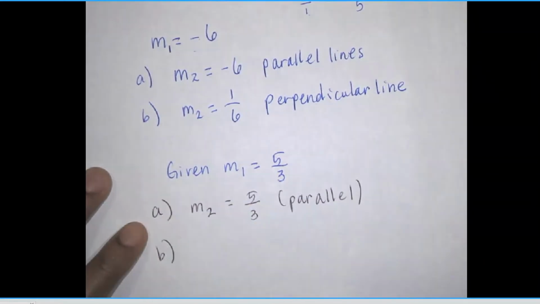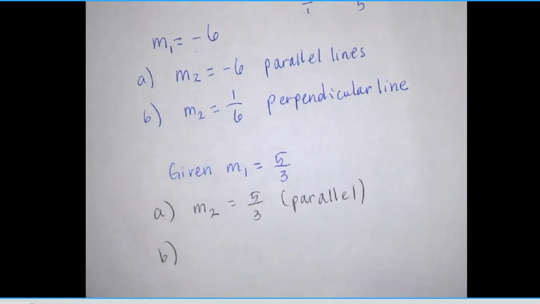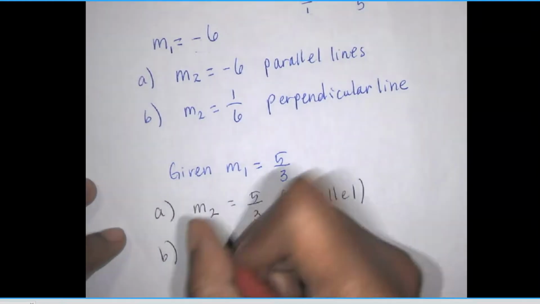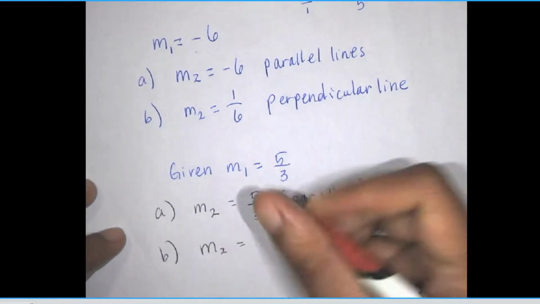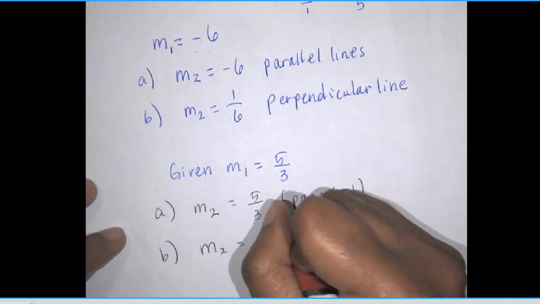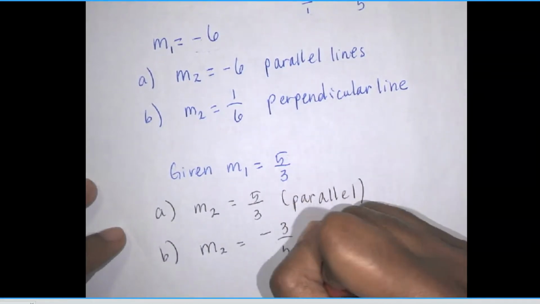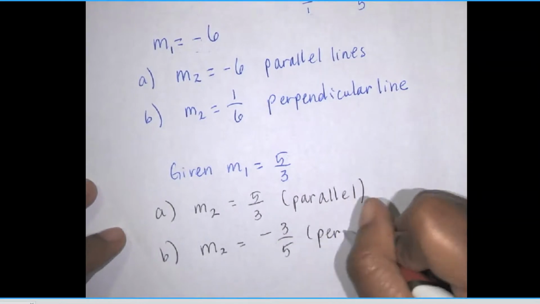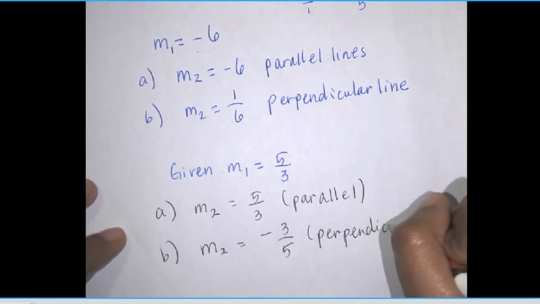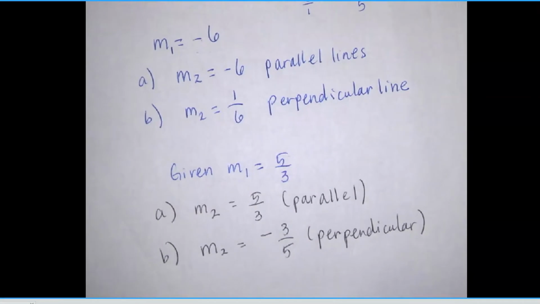If I wanted, again, the perpendicular line that intersects with m1, then the slope of that second line must be not positive, but a negative, and not 5 over 3, flip it. So -3 over 5 is the perpendicular. All right, so I hope that makes sense.